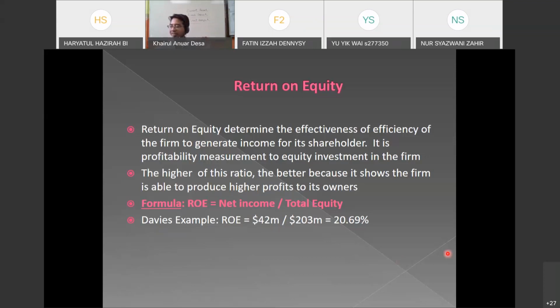But this year only we able to generate 20. It means syarikat kita less than the performance is not so okay compared with the last year. Okay, if the last year ROE only 15%, but this year our ROE is 20.69, it means our company better and better.